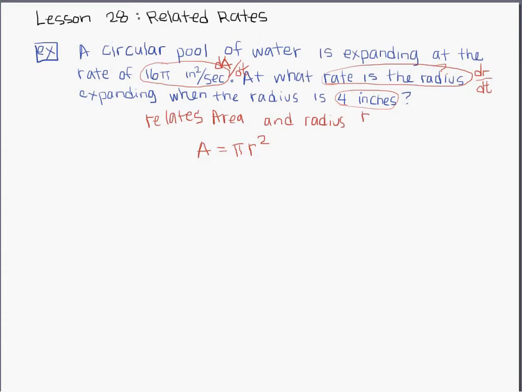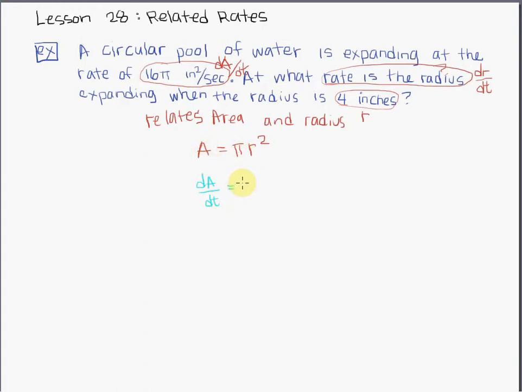Now, you cannot plug any information into this equation until after you've taken the derivative with respect to time. So I'm going to take the derivative with respect to time. The derivative of area is dA dt. We're going to leave it in that notation because we don't actually know what area is yet.